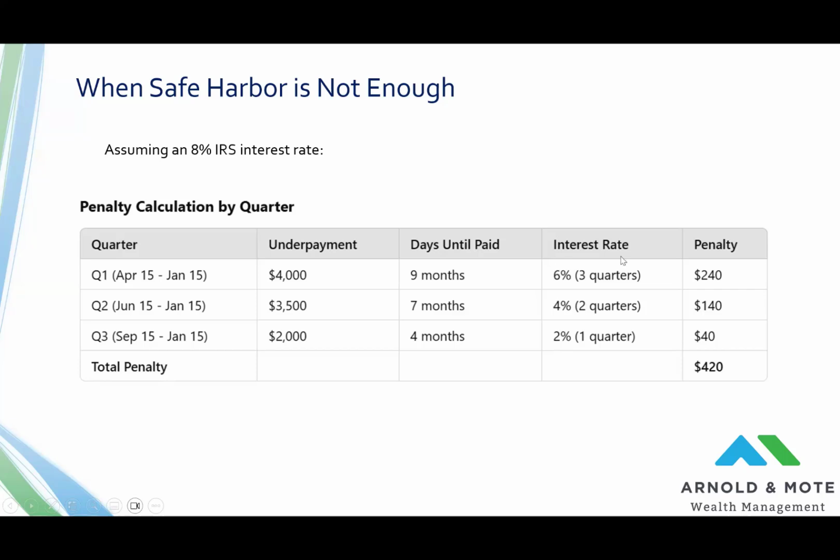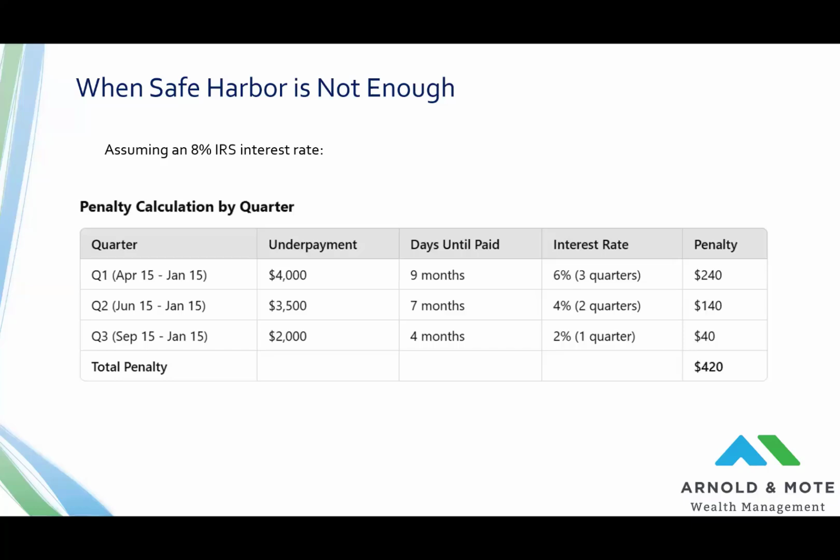We're charging that 8% interest over a certain period of time, and here's your penalty. And they're going to calculate this penalty quarter by quarter and give you an annual penalty where, again, even though John feels like he submitted his safe harbor amounts, he did not do it regularly quarter by quarter.